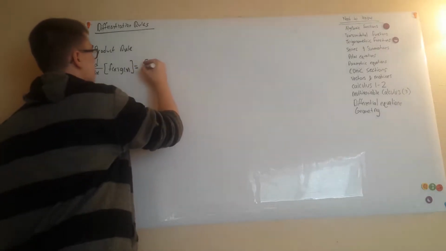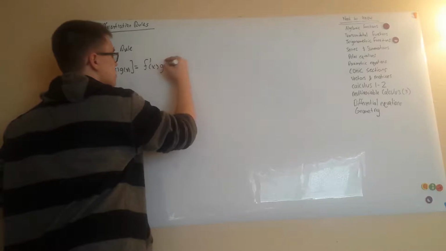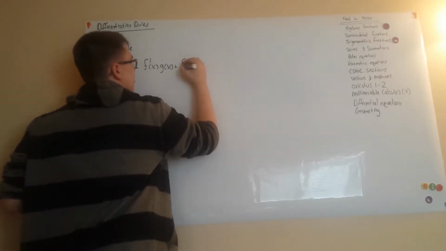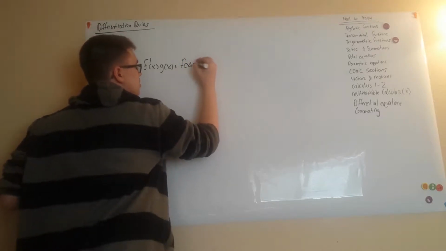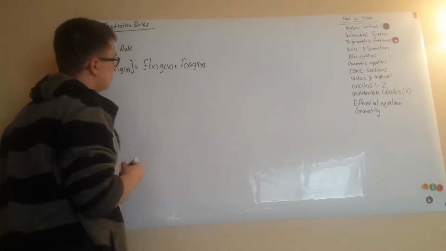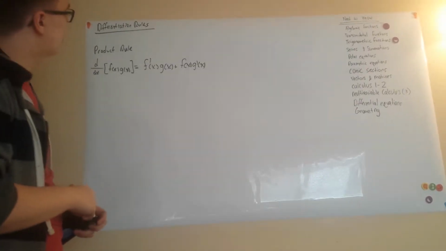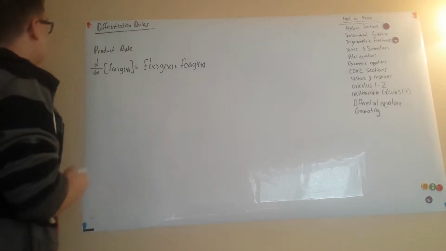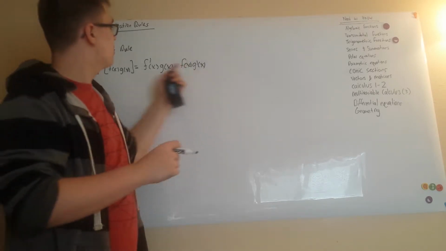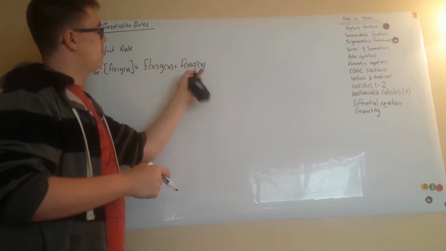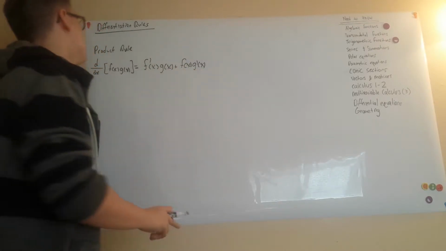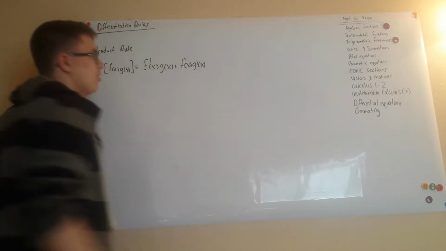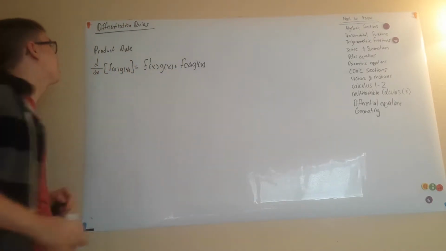We take the derivative of the first times the second function plus the first function times the derivative of the second. That is how it works. You can switch these around, but because it's multiplication and addition, just don't mix it up. I would prefer this one. Just do it that way.